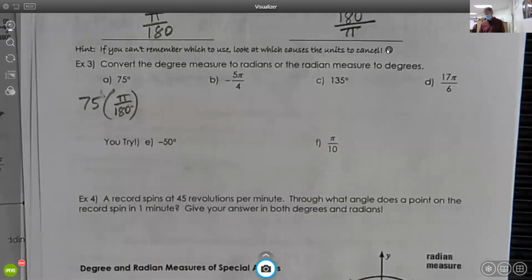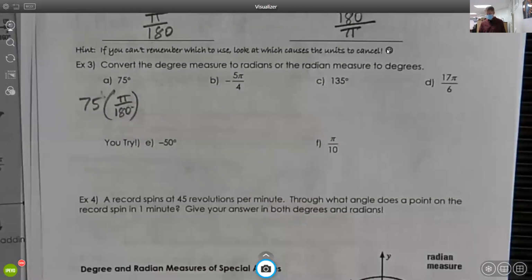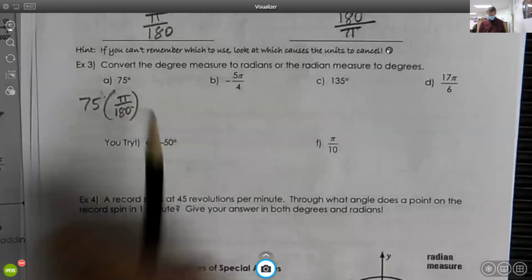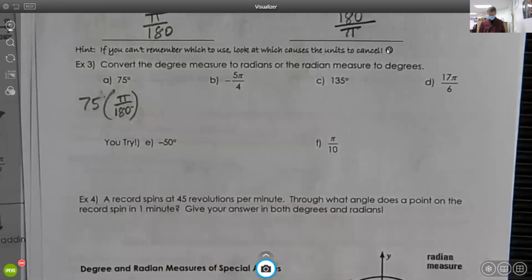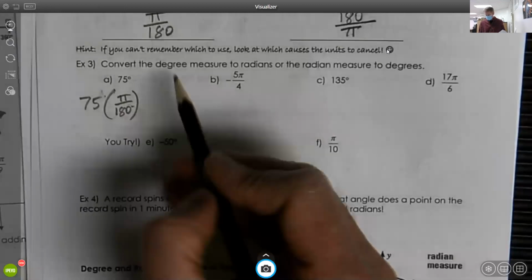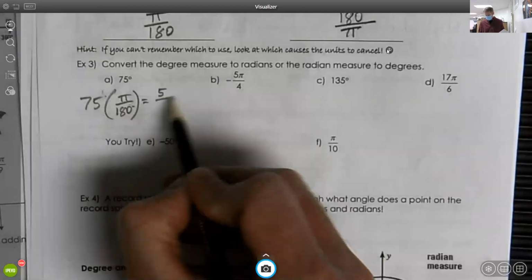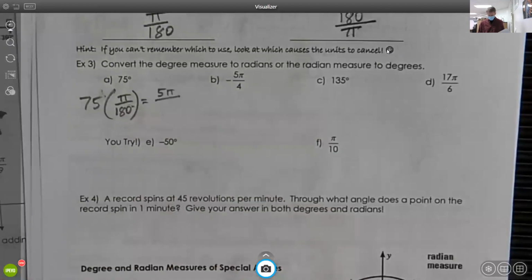All right, and we can reduce these. We see that 15 goes into 75. We're looking for a value that goes into both of those. So I'm feeling that 15 is going to go into both of those. And we're getting 5 pi over 12. That is not a common spot on the unit circle.